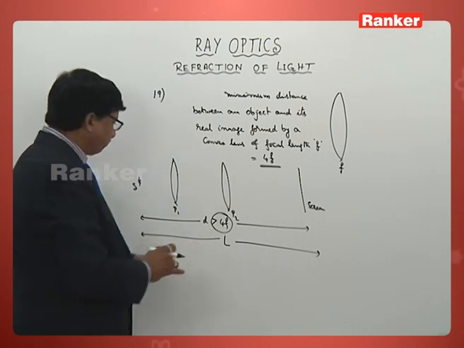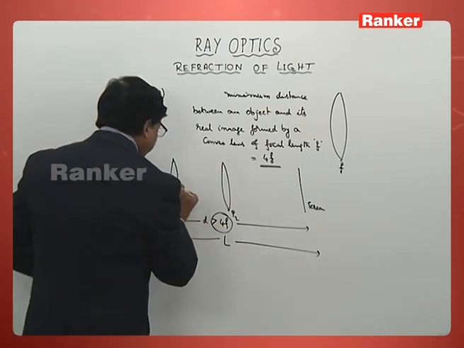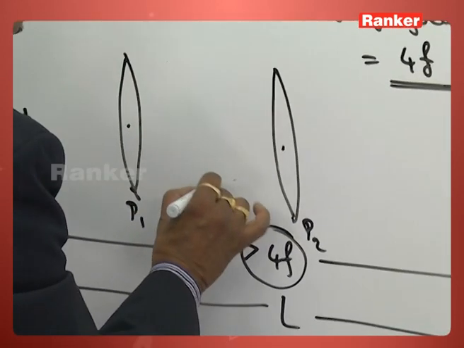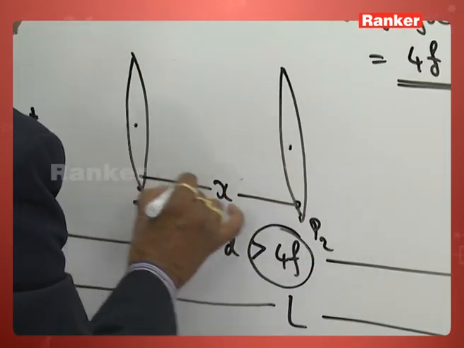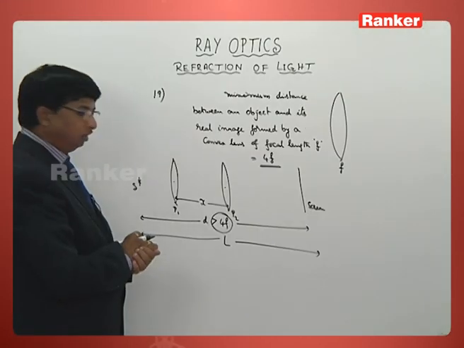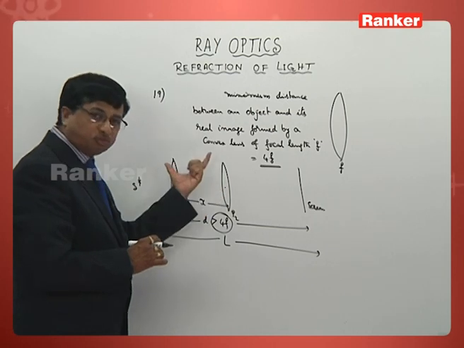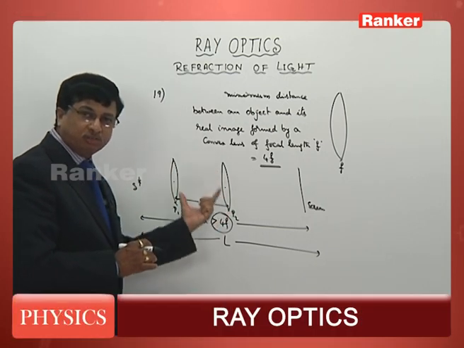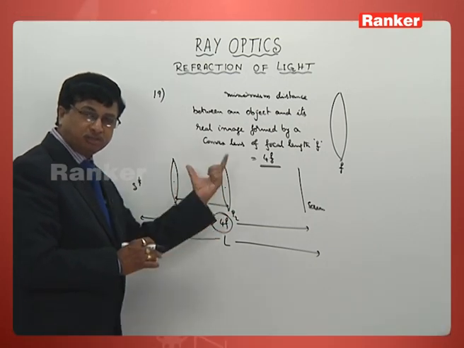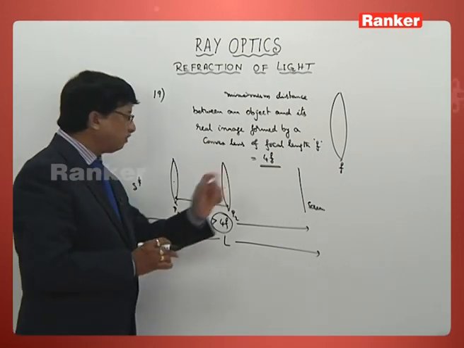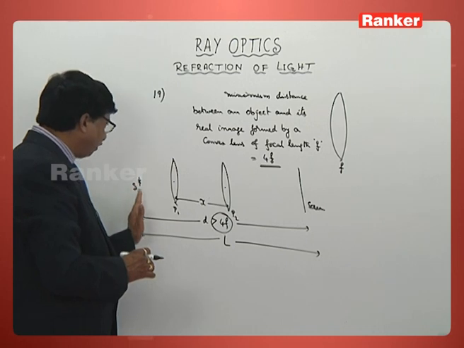And if I say the distance of separation between these two positions is x, so x is the distance of separation between those two positions at which the convex lens is forming a real image on the screen, and L is the total distance of separation between the source and the screen.